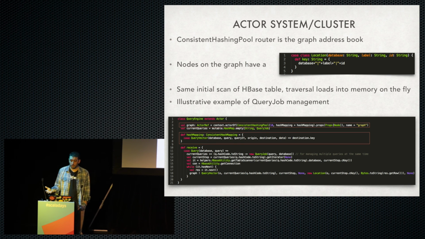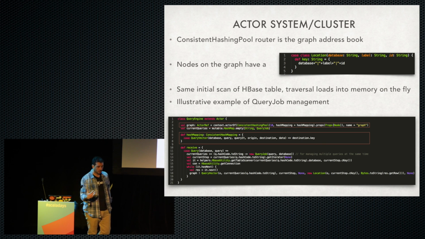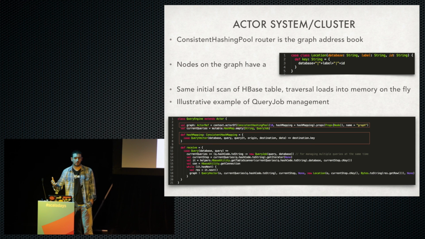Yeah, that's a good question. Let's see if it's in here. This is just an illustrative example. But at the master, or the query engine actor, we would store the query jobs. Each query job essentially creates a query object that has an ID. That query object, when it's getting passed to the vertices, could actually be stored in some sort of task list. That's not implemented on the screen, but I'm just showing it in theory.